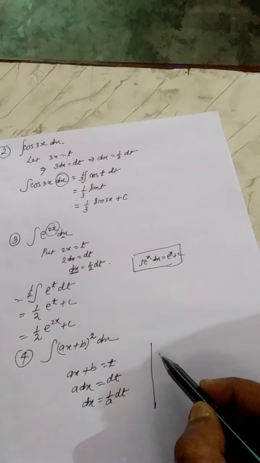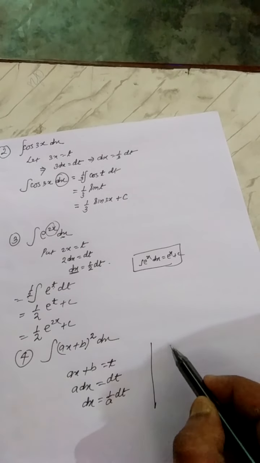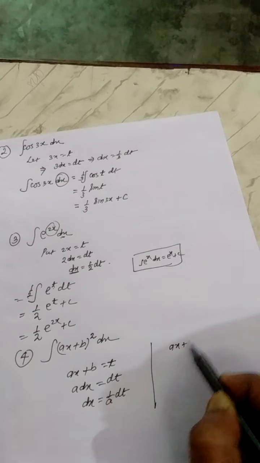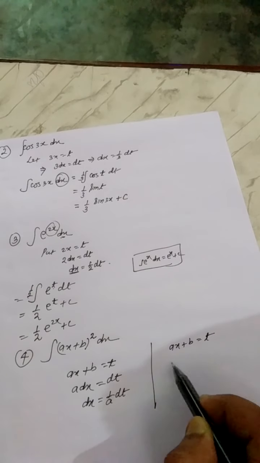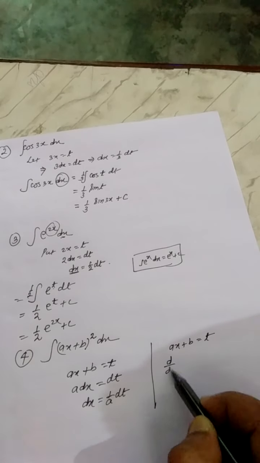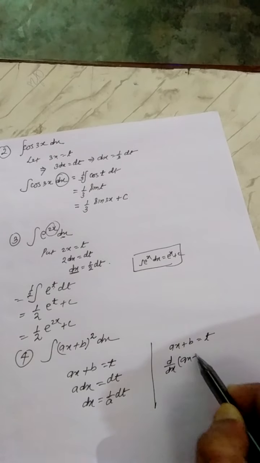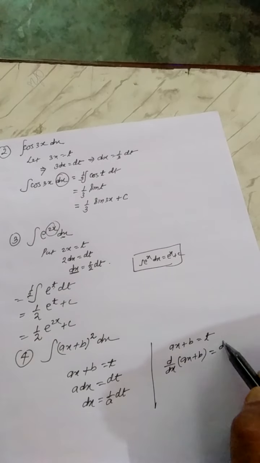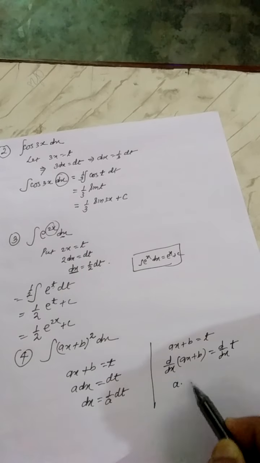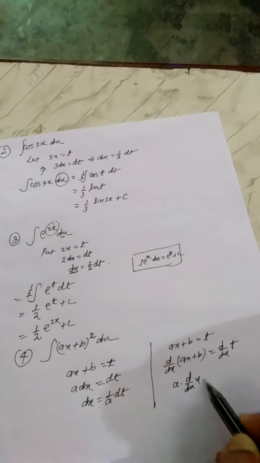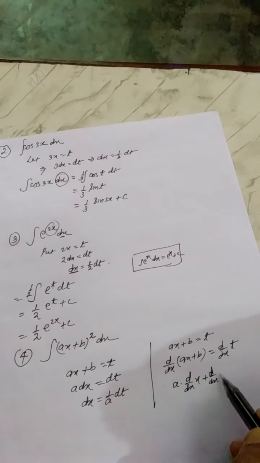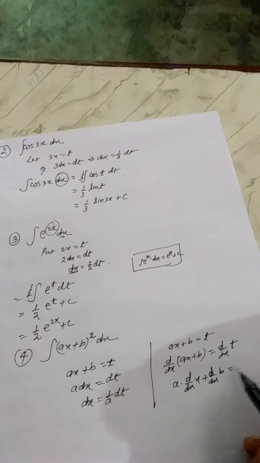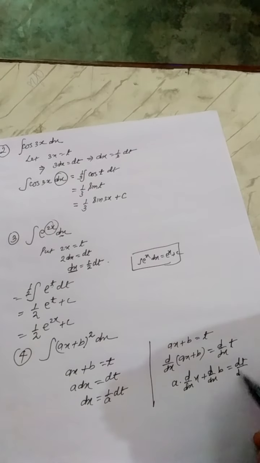now we try to understand ax plus b is equal to t. On differentiating both sides, d by dx of ax plus b is equal to d by dx of t. Now a is constant, therefore a times d by dx of x plus d by dx of constant b is equal to dt by dx.